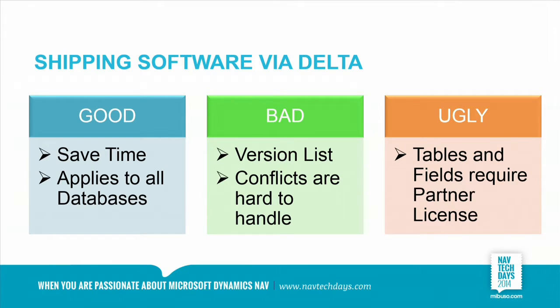There is some ugly that we are talking to with Microsoft, with Michael, that basically if you ship a new table or a new field as a delta file, the delta file is actually just the object file. But the current situation is that the object designer, the application development, does not allow you to add any objects outside of your license range.